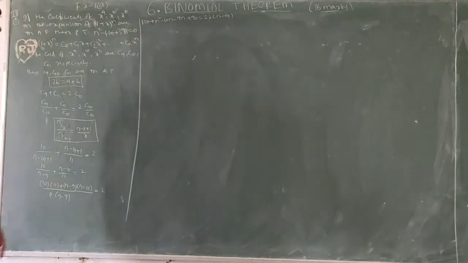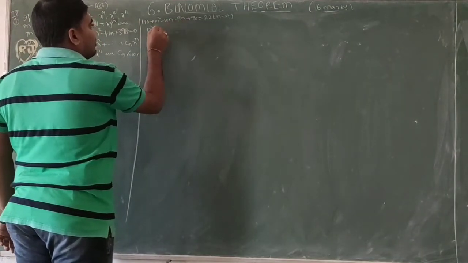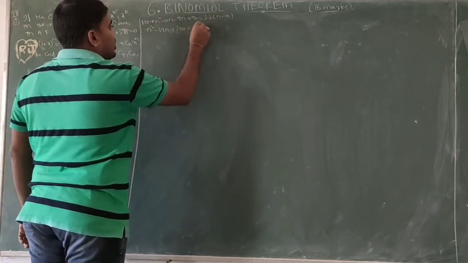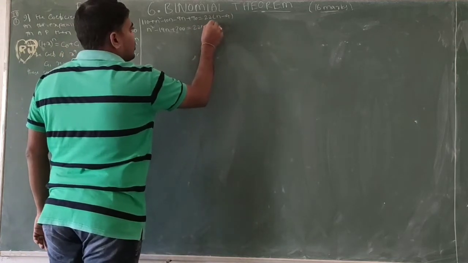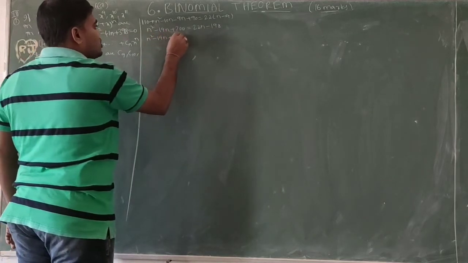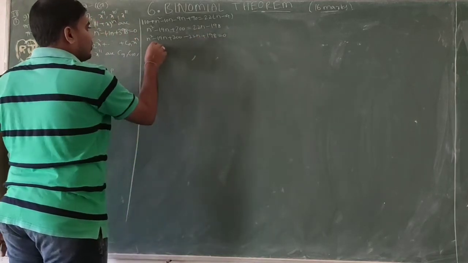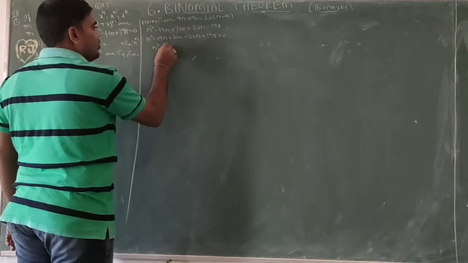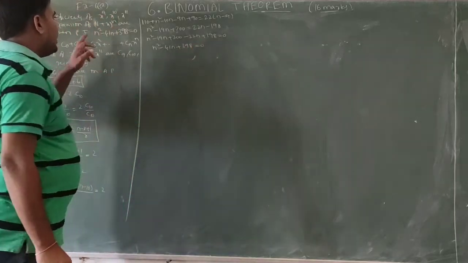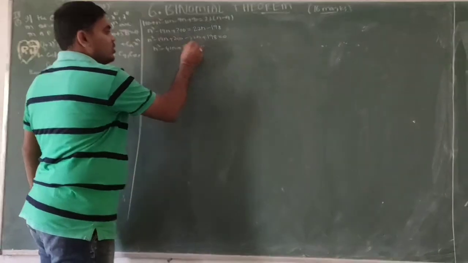So n square minus 19n plus 200 equal to 22n minus 198. Bringing these two terms to the left side, n square minus 19n minus 22n, minus 41n, 200 plus 198, 398 equal to 0. So n square minus 41n plus 398 equal to 0. So we got it, this is the required solution.